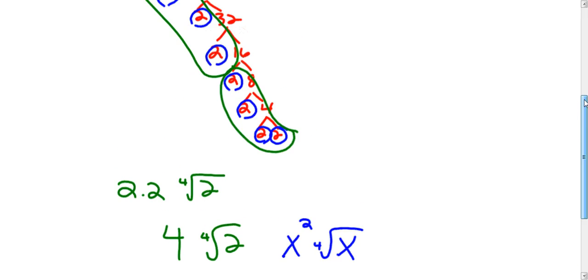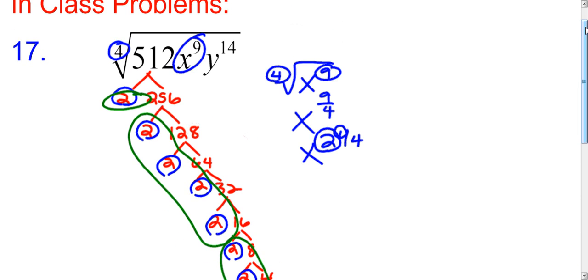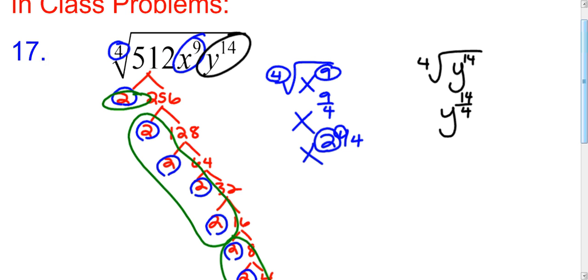All right, and then if we think about the y piece to it, I have y to the 14th on the inside. So this is really like taking the 4th root of y to the 14th, which if I write that as an improper fraction would be 14/4. And as a mixed number, 4 goes into 14 3 times with 2 left over.